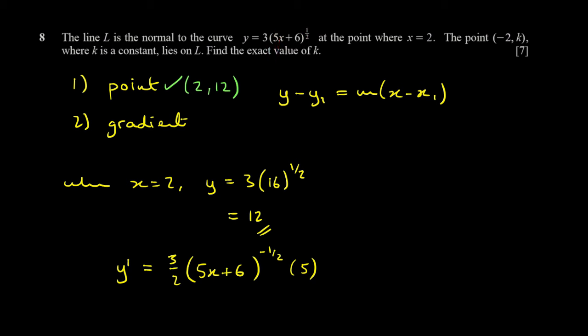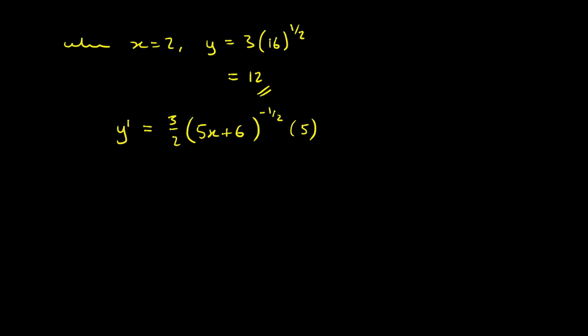We differentiate, we get 5, and we multiply through. Now we can use this to find the gradient of the tangent. So when x is equal to 2, y prime, which is the gradient of the tangent, will be equal to 3 upon 2, (5 times 2 is 10, plus 6 is 16) to the power of negative a half, times 5.